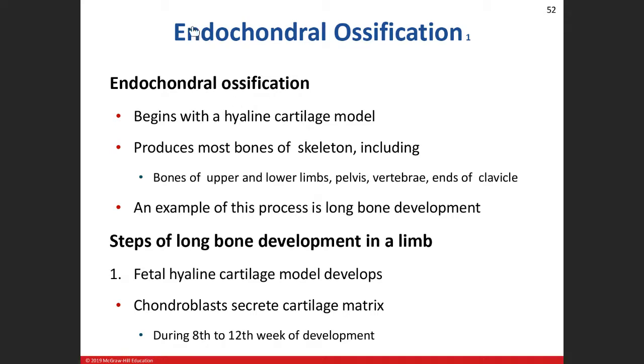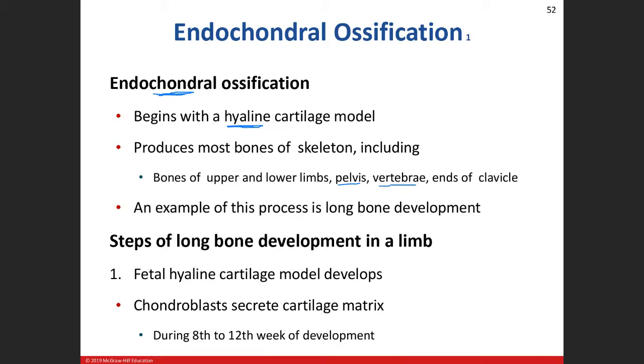Okay? So when we talk about endochondral ossification, we're going to start off with our cartilage model here, specifically hyaline. Okay? And this is going to be the majority of the type of ossification process that occurs in our bodies. So pretty much the lower and upper extremities, your spine, the ends of the clavicle, and your pelvis.